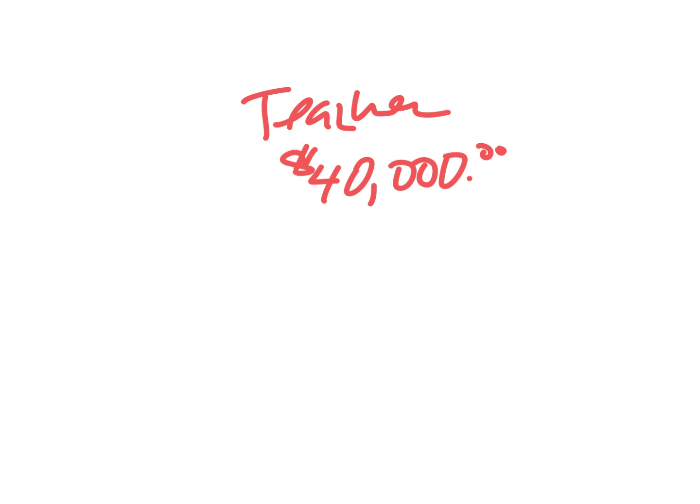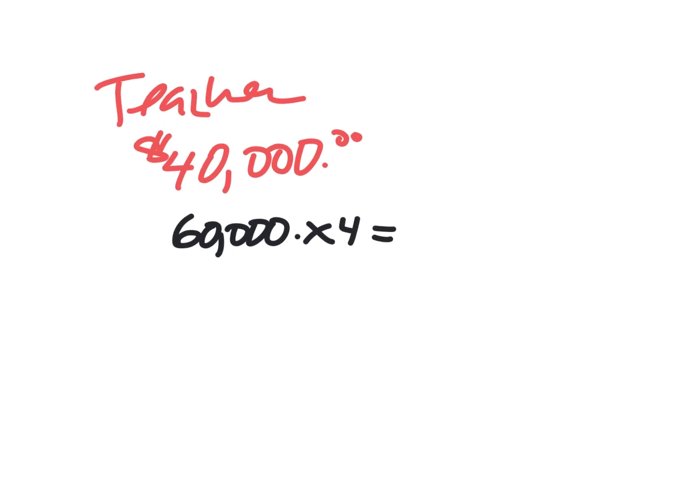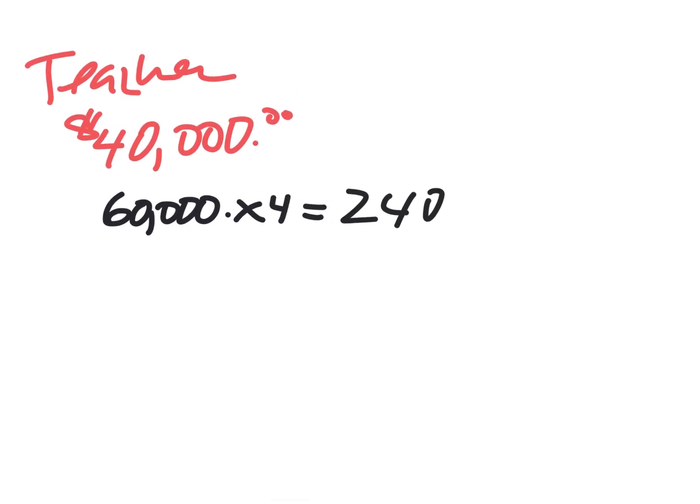Well, you can figure out how much the college you want to go to costs, and we're not going to make you do a really complicated calculation. Let's say that you want to go to St. Olaf, which costs $60,000 a year. You find out how much they charge, you times it by 4, and it costs $240,000 to become a teacher. Whoa, that's a lot of money.